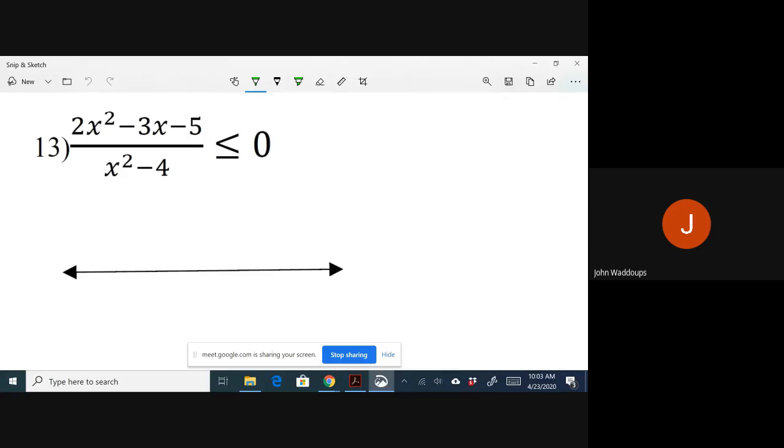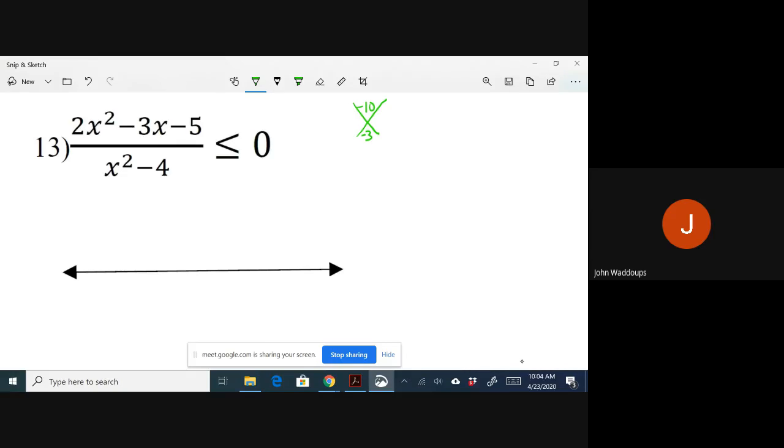So we've got a leading coefficient of 2, so we're going to take 2 times negative 5, which would be negative 10. And the middle number would be negative 3. And so we're looking for two numbers that multiply to negative 10, which is 2 times negative 5, that add or combine to negative 3.